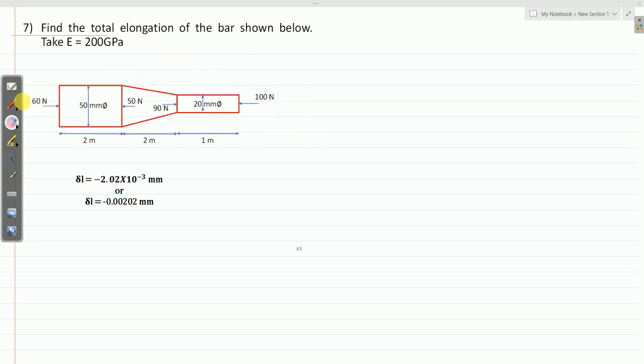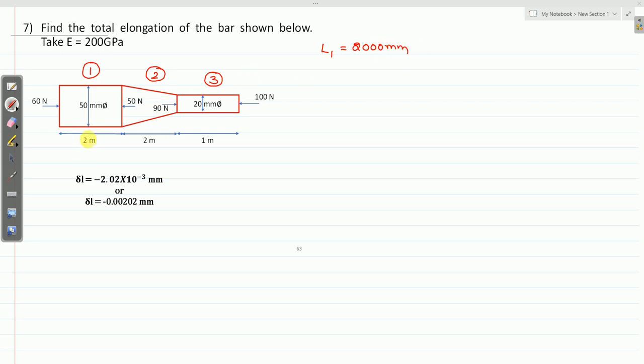So let me list the data. I'll call this section 1, this is my section 2 and this is my section 3. See here, first L1, length of section 1, so 2000 millimeter.